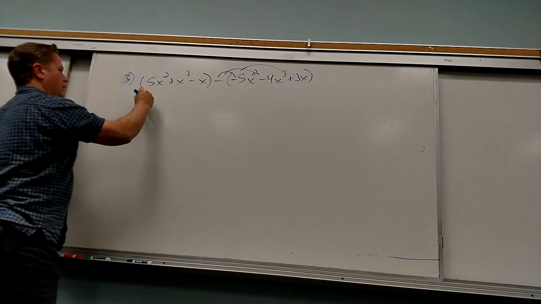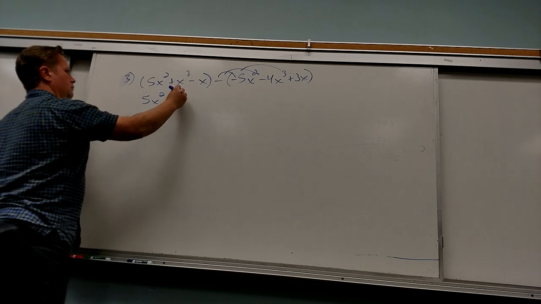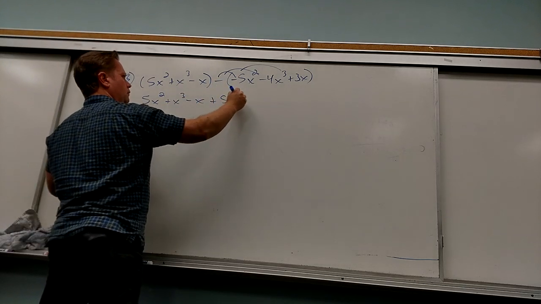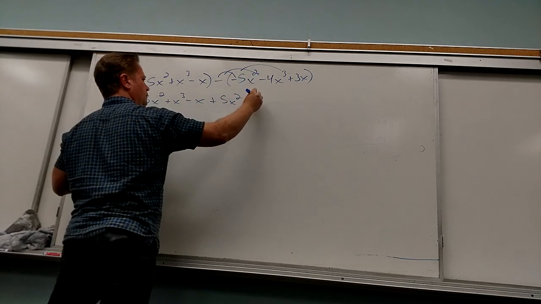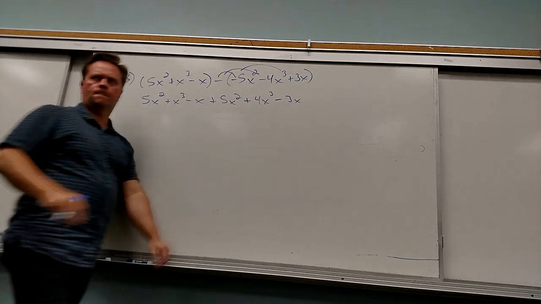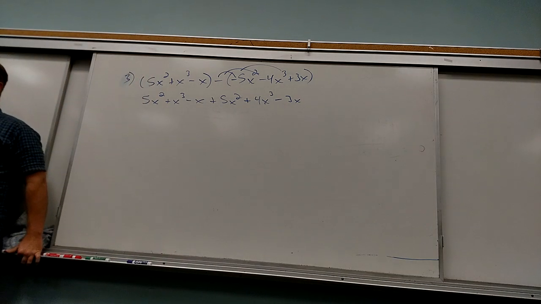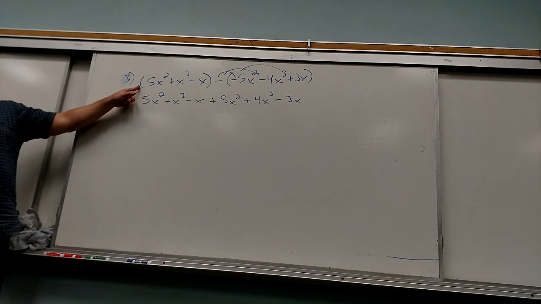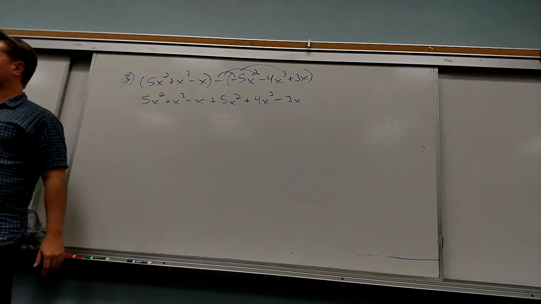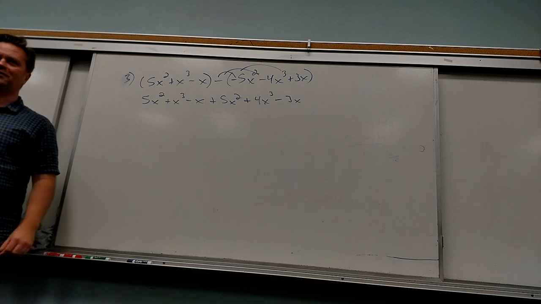So it's a good idea to rewrite this. Minus and negative, minus positive. What's in front of this parenthesis? 1. So I can just get rid of it. Poor little 1.